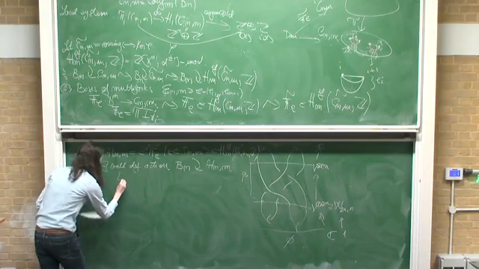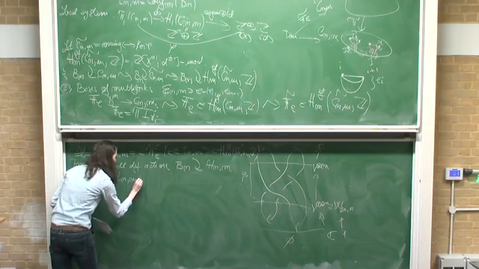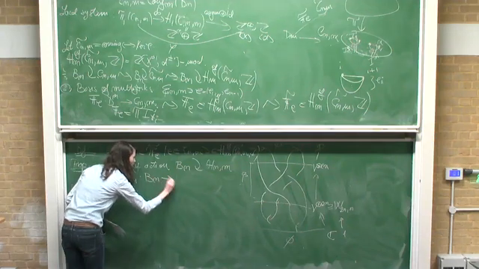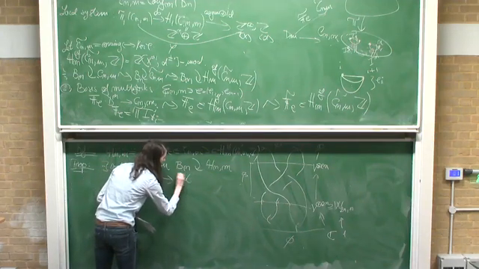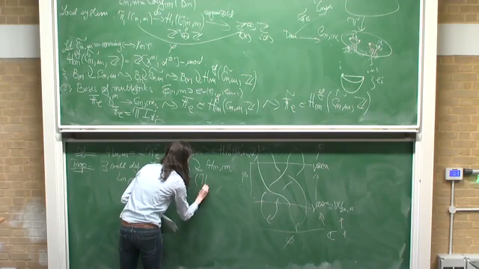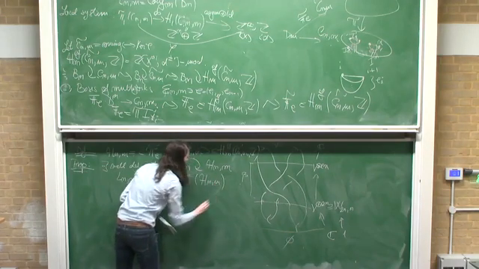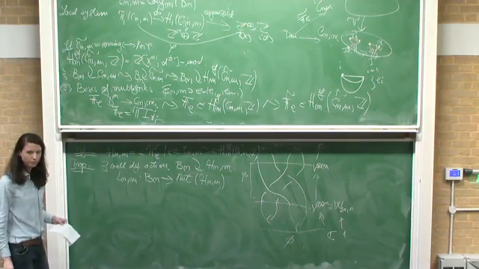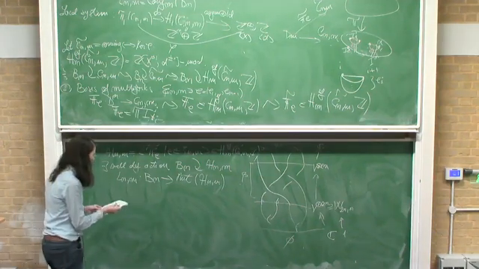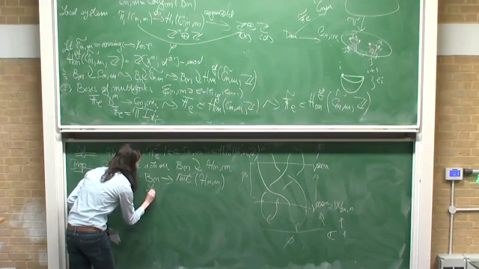We'll call it L_{n,m}. Okay? And this is the Lorentz representation.